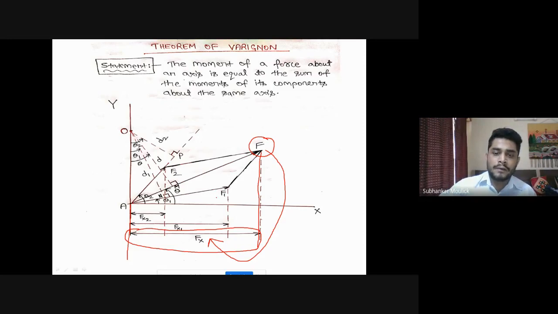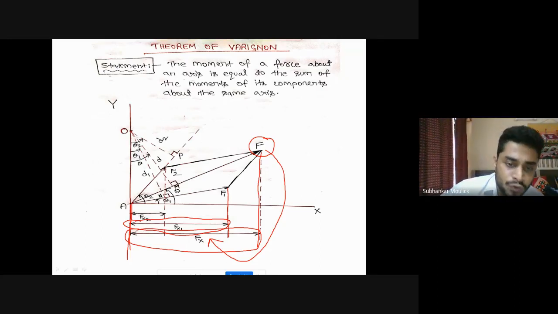Similarly, F1 and F2 are the components of this resultant force. F1 and F2 will have their x components. From F1, drop a vertical line, and from the origin, drop a vertical line. This will be Fx1, the horizontal component of force F1.